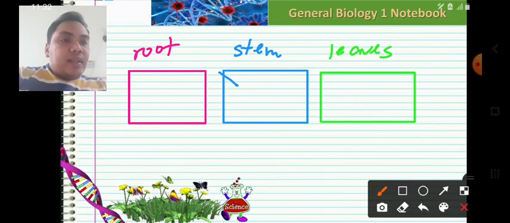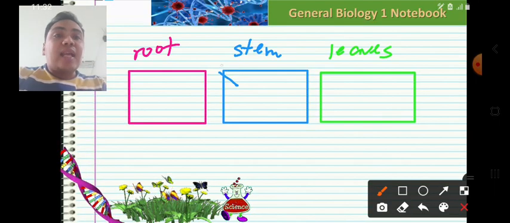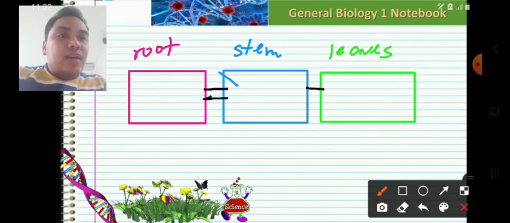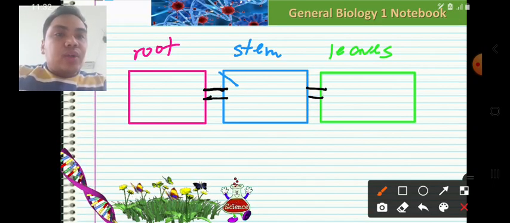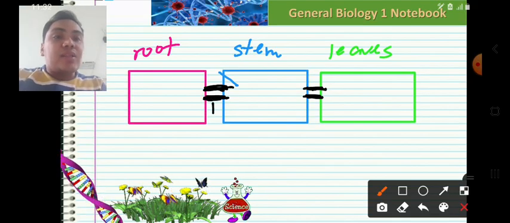So take note that the plasmodesmata serve as the tiny holes or perforations in a cell wall. Okay? So this structure will serve as the tiny holes of the cell wall, known as the plasmodesmata.